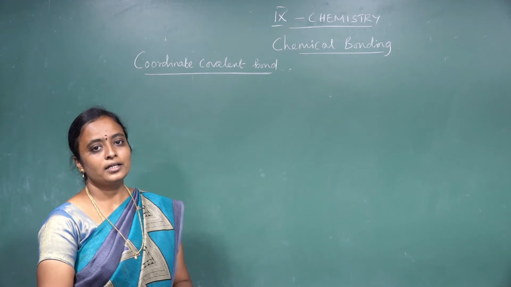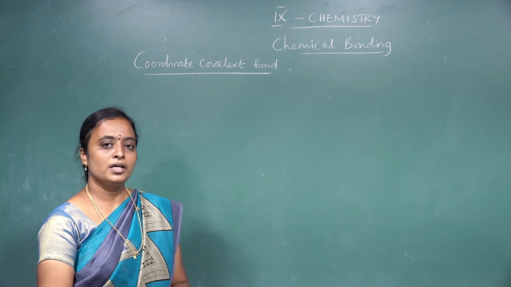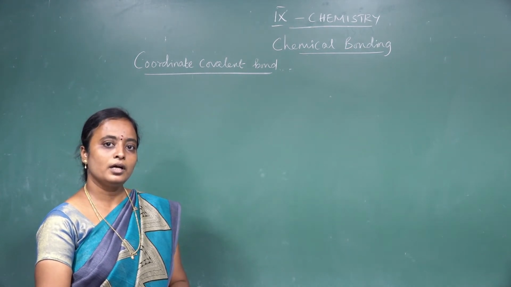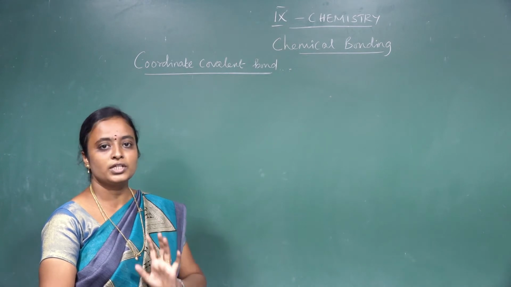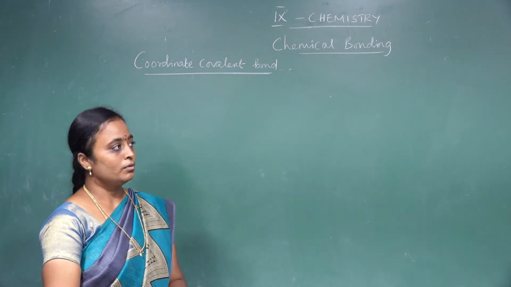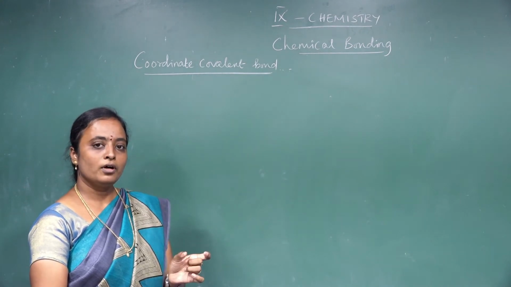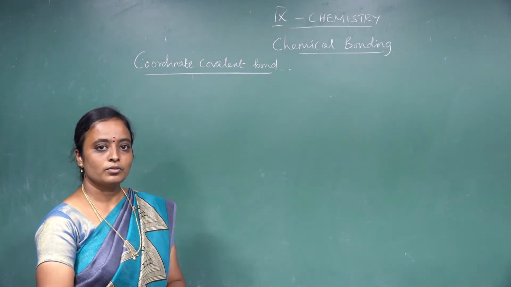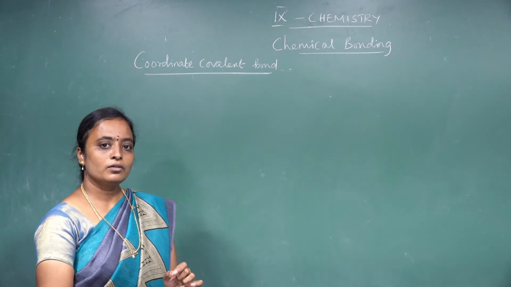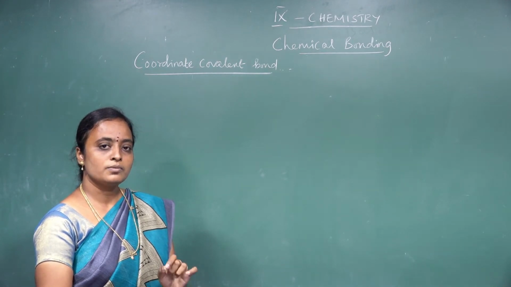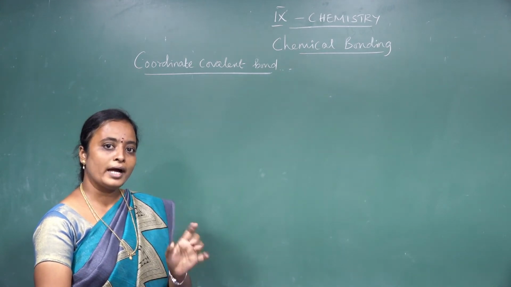Where do they come from? The electrons come only from the outer shell electrons. So if you take a covalent bond, the bond is formed between two atoms, and the two electrons may come from the two atoms.